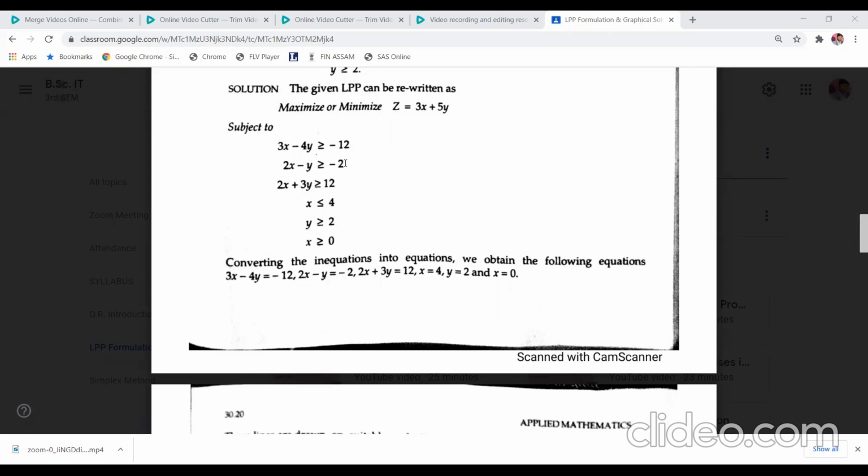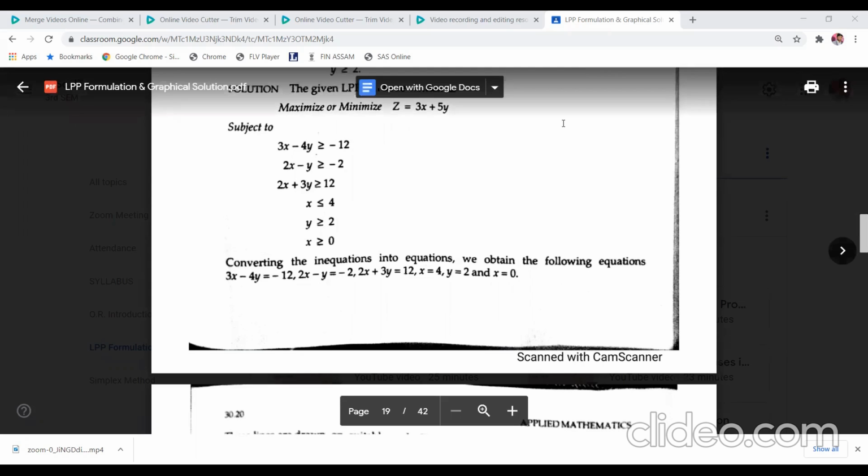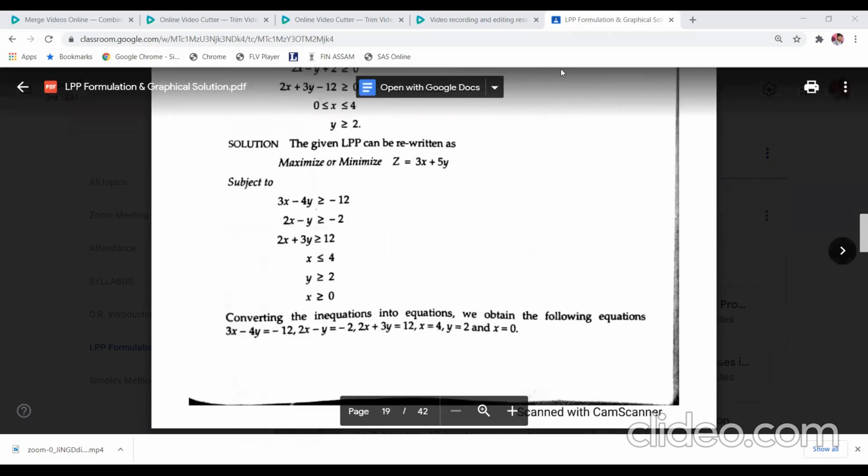So now the next part is what? Now see here. Now we find out the solution region. The first one was what? 3x. Now if you put x equal to 0 and y equal to 0, so 0 greater than or equal to what?